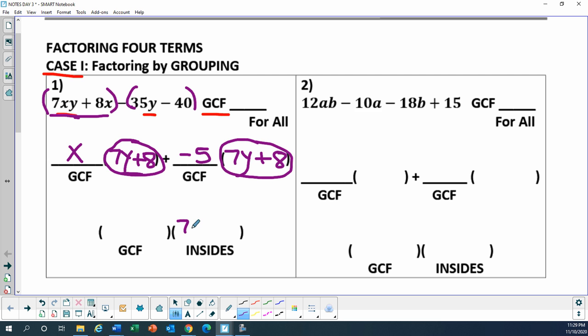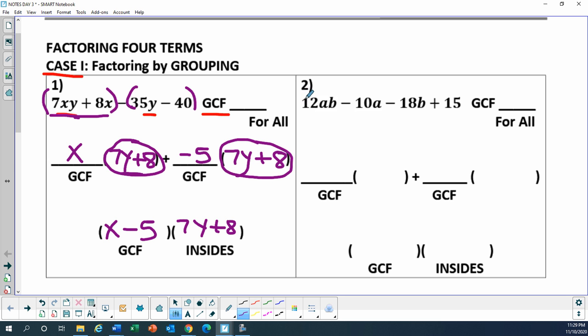So it goes right here, okay? And then X minus 5 is the outside number, is here. Then this would be the way I would factor using grouping, okay? One more example.